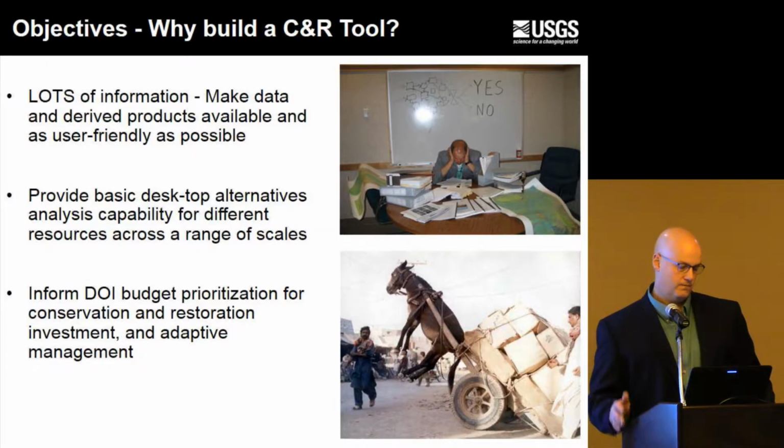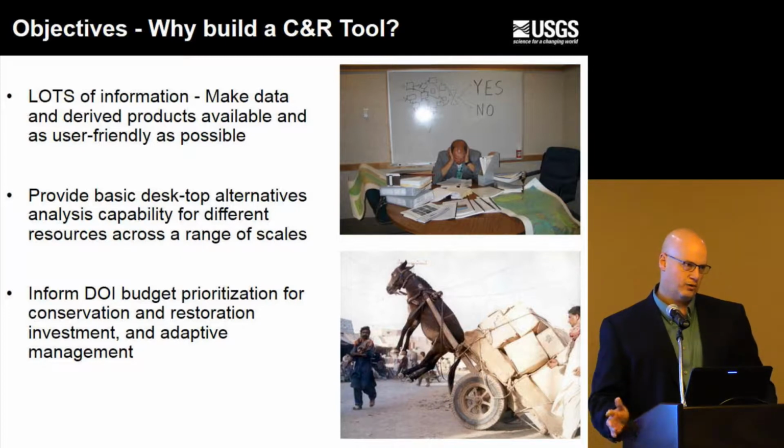The points here are pretty clear. Even with the framework, there's a lot of information here, a lot. There's tons of narrative information, map data, derived products. We've had a lot of people say this is great, but how can we make it more usable?